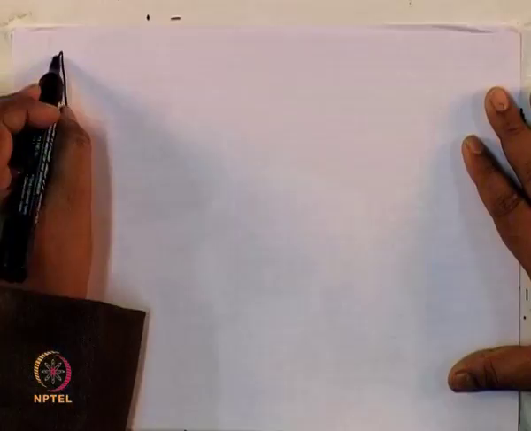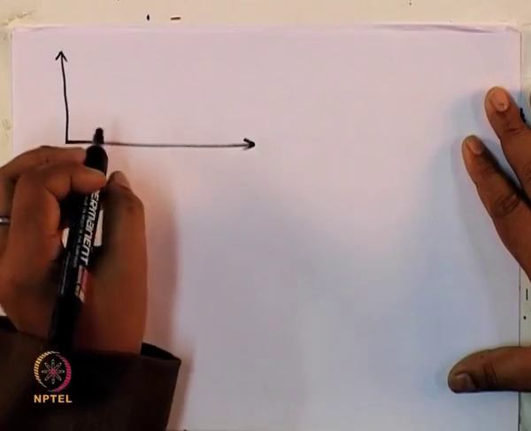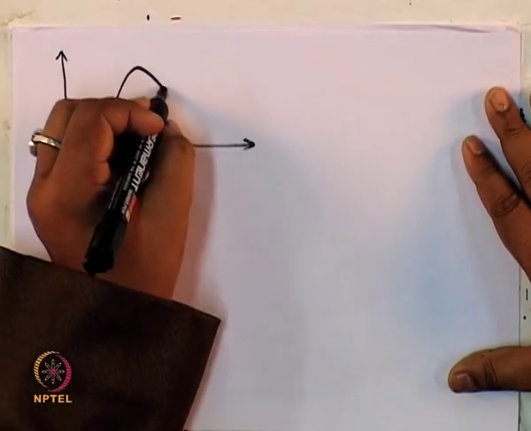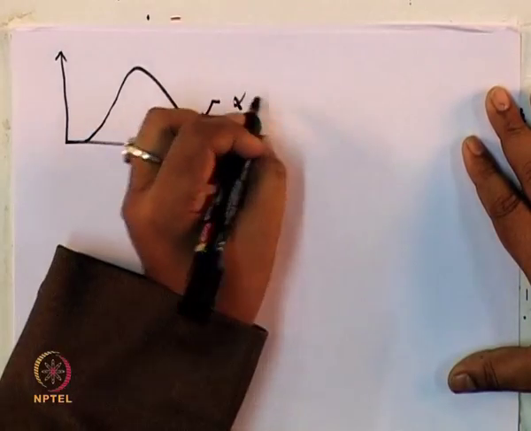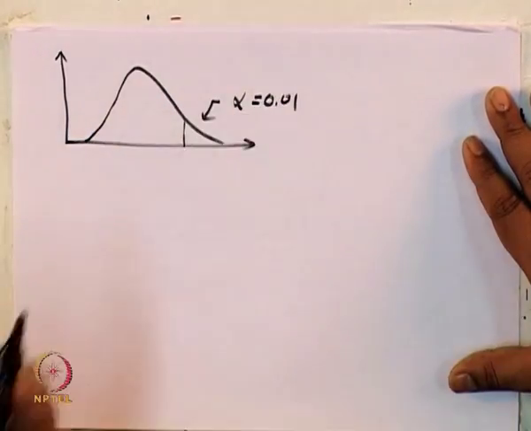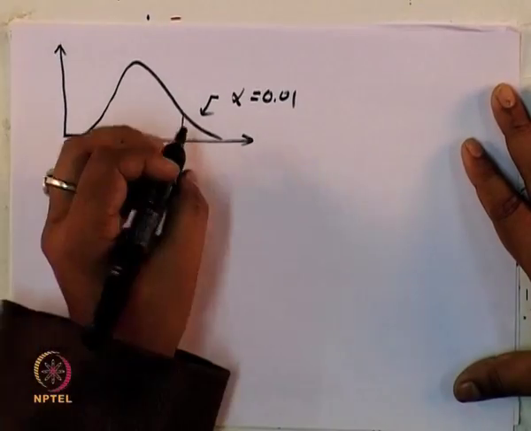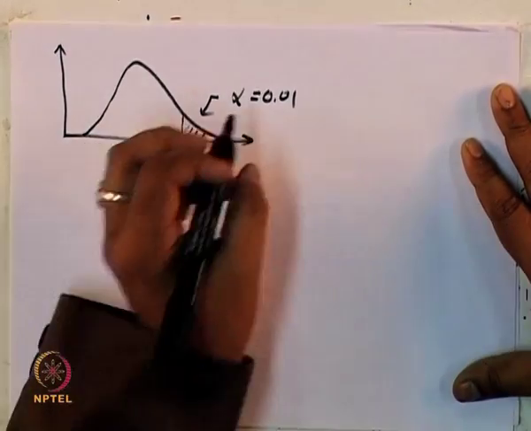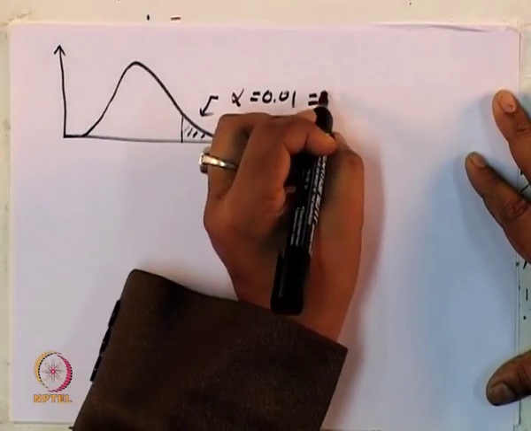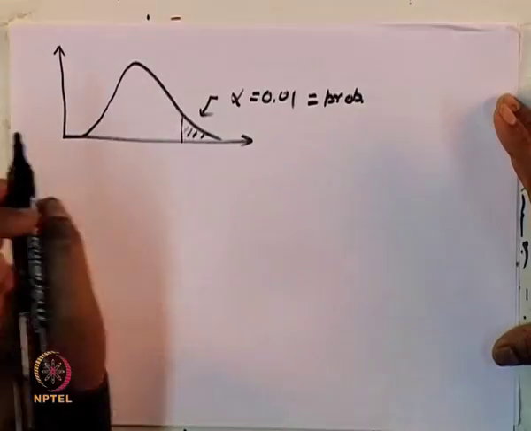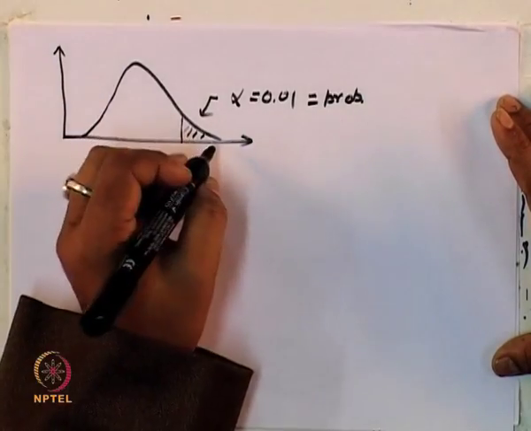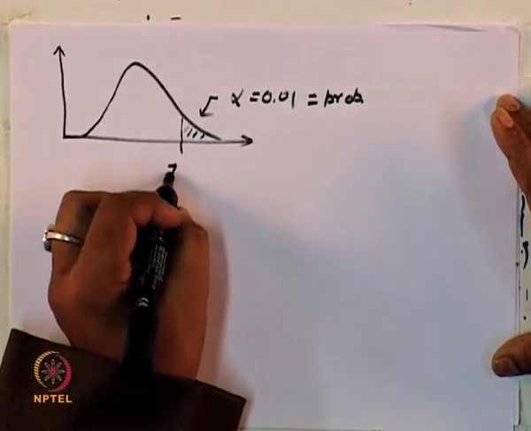If I draw it again, for example, I want alpha equal to 0.01. Alpha is nothing but the area under this curve. So, alpha is the probability, this probability, and this is the area under this curve, and this is my Z of alpha by 2.